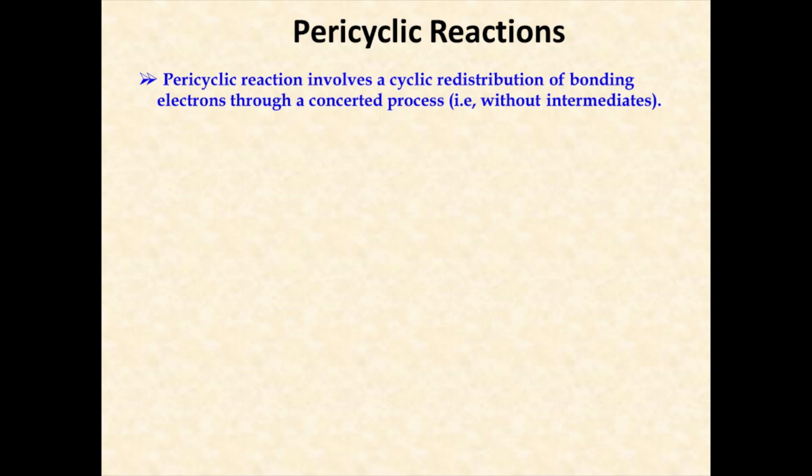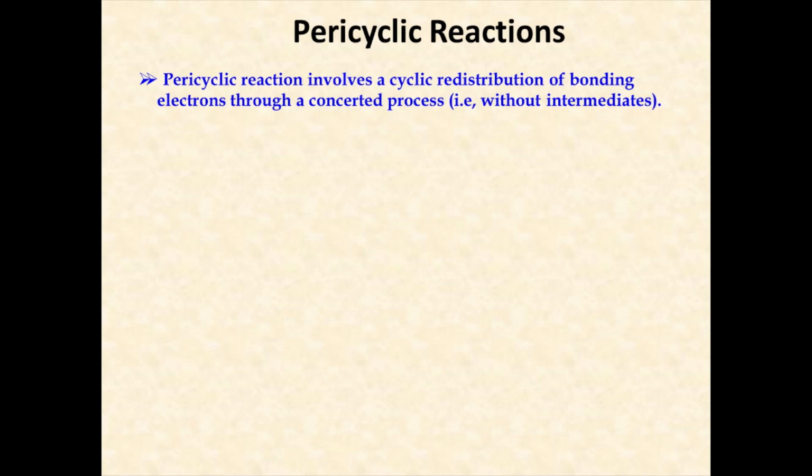And in addition to the first two points, definitely no ionic or free radical or other intermediates are formed in most cases during the reaction pathway. Since pericyclic reactions are simultaneous reorganization of bonding electron pairs by way of a cyclic transition mechanism, that's why they are called pericyclic reactions.